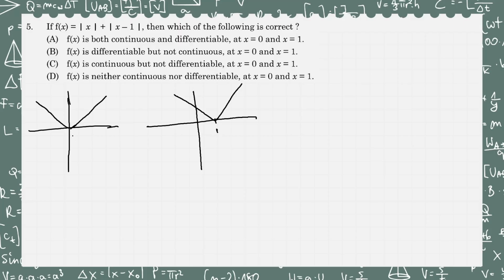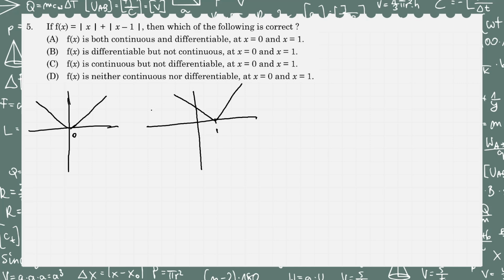So modulus x touches the x-axis at 0 and modulus x minus 1 function touches the x-axis at 1. Hope you guys know that modulus x and modulus x minus 1 both are continuous. There is no doubt about that.